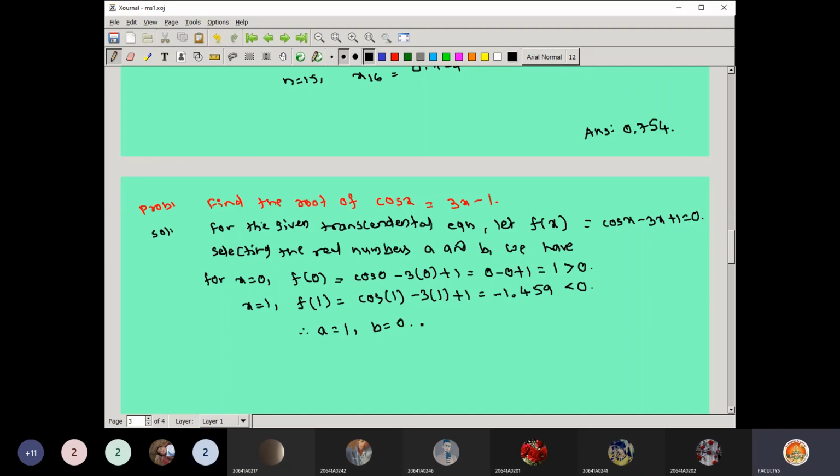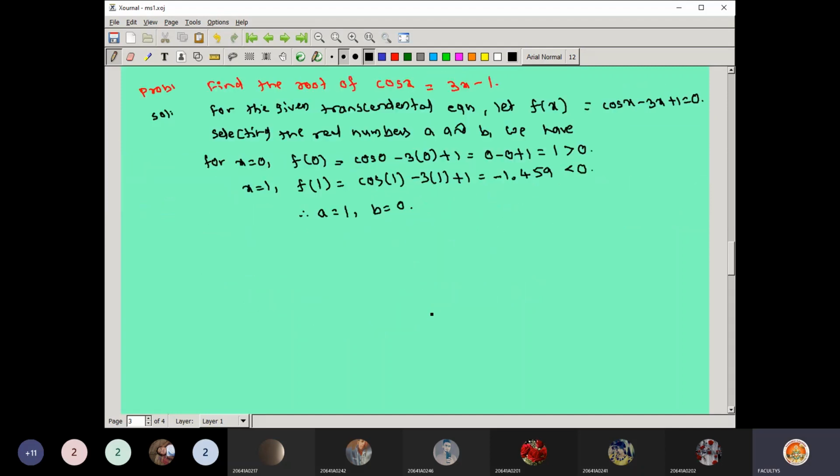It is 0. So once you select A and B values, the initial solution is x naught, that is equal to a plus b divided by 2, a value 1, b value 0 divided by 2, answer is 0.5.